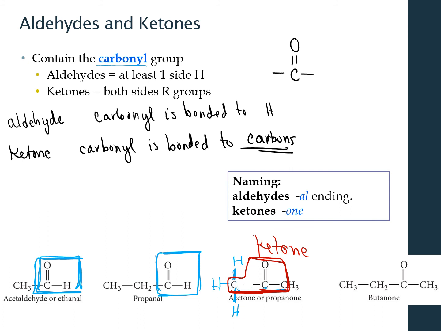The last one, same thing here. Look, this CH2, those two hydrogens are bonded to that carbon here and here. So your carbonyl is bonded to carbon atoms right there.